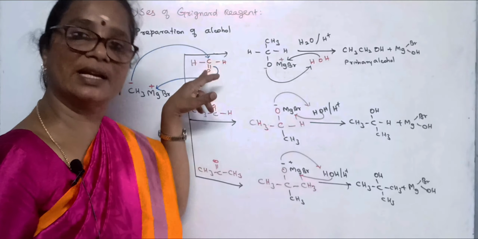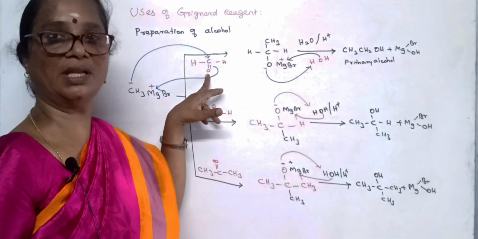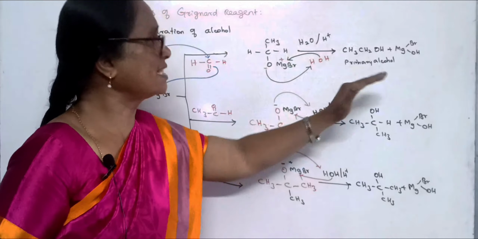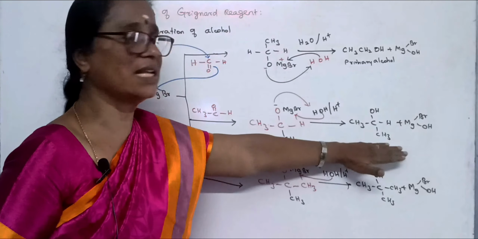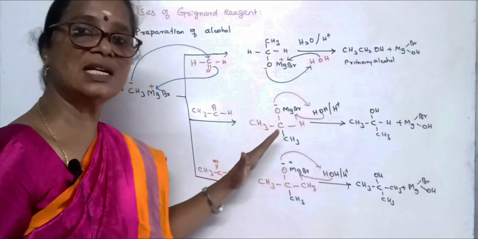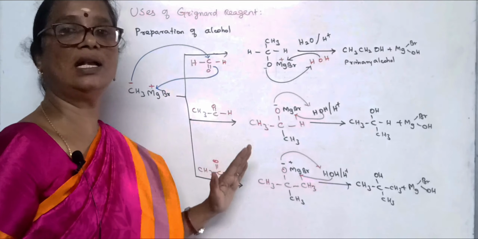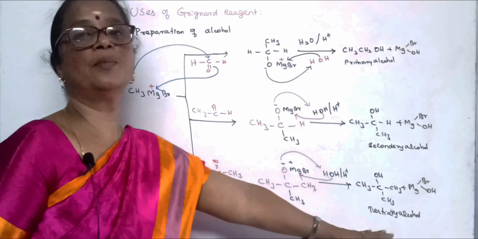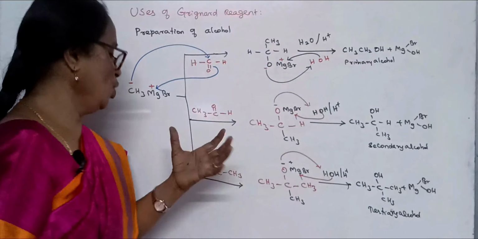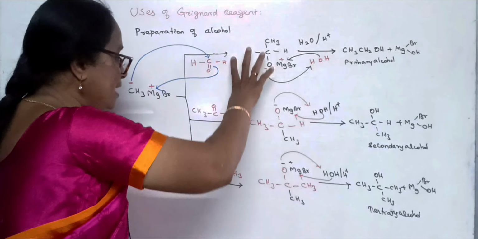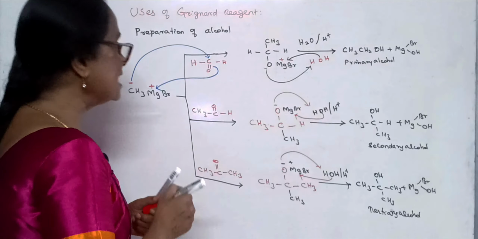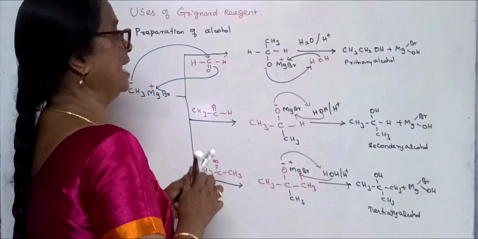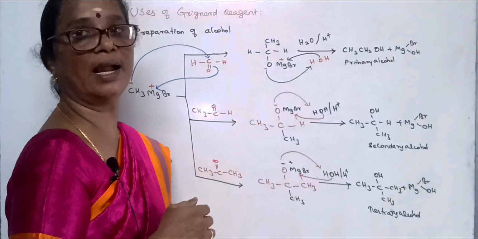So to obtain the three classes of alcohol, we have to select the corresponding carbonyl compound. For primary alcohol you should take formaldehyde. If you want secondary alcohol, you must take any other aldehyde except formaldehyde. Ketone is able to form tertiary alcohol. You may find that in the carbonyl compound we have just added a hydrogen and an alkyl group.